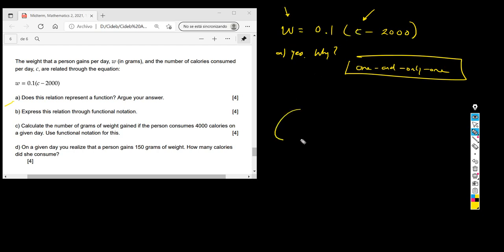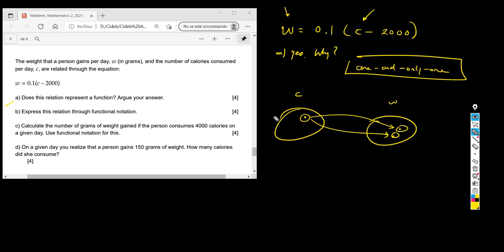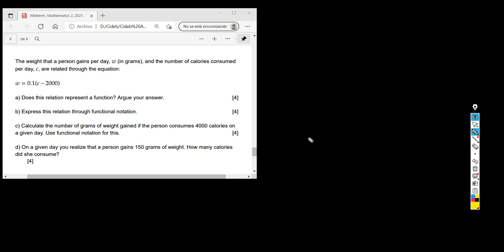Okay, so if this is the set of the inputs, this is the set of the outputs, this is the amount of calories consumed per day, this is the weight gain per day, and when you consume a certain amount of calories, you will be gaining a certain amount of weight. And only one. You never have two possibilities for the weight gain for the same amount of calories. And that's what makes this a function. That's it. It's that simple.